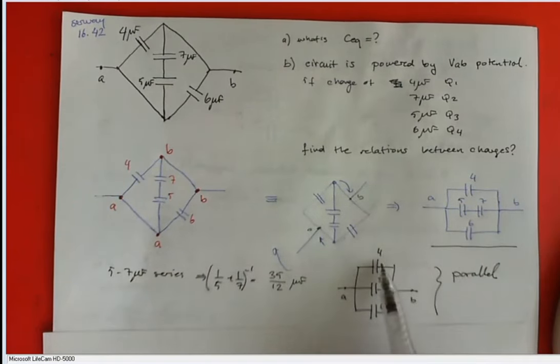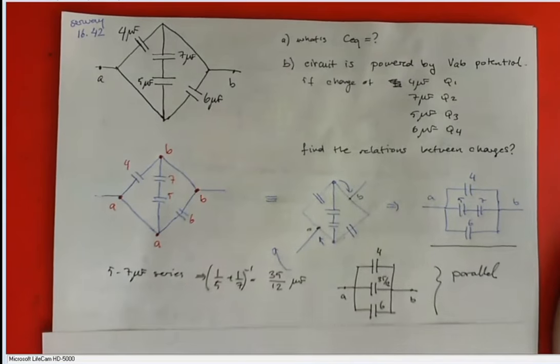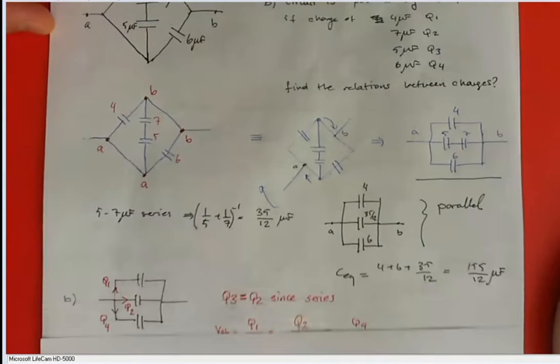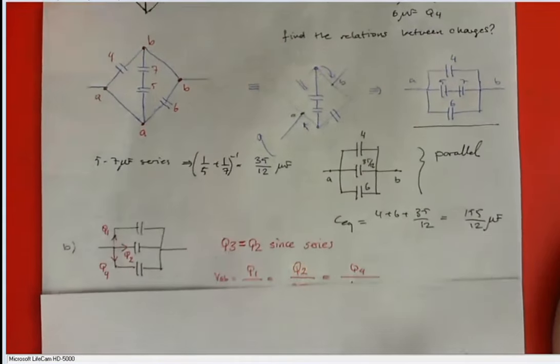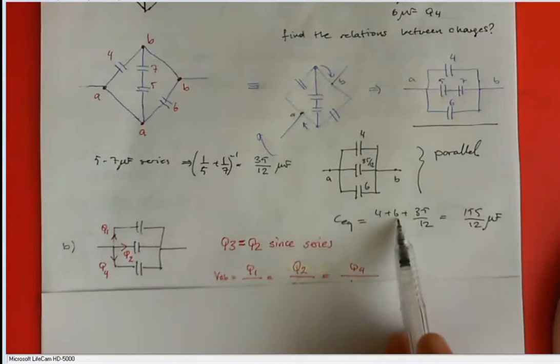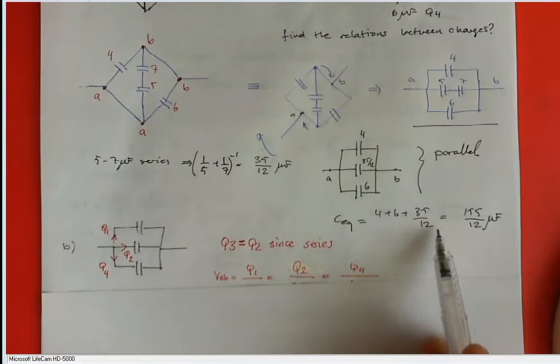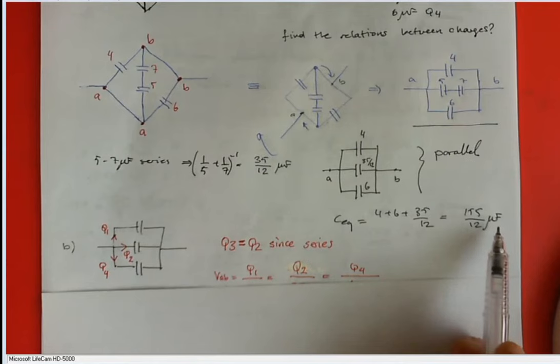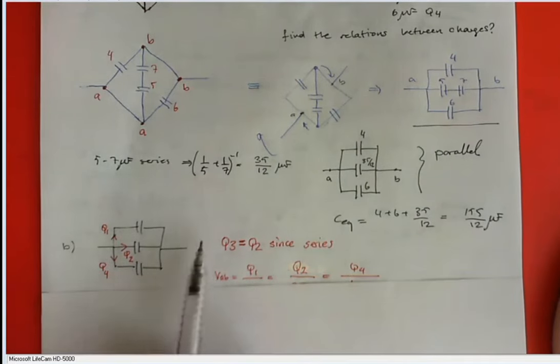For these two guys. And these three will be in parallel. What we do in parallel is just add up the capacitance. So 4 plus 6 plus 35/12, and that is 155/12 microfarad. And next, what would be the charge distribution?